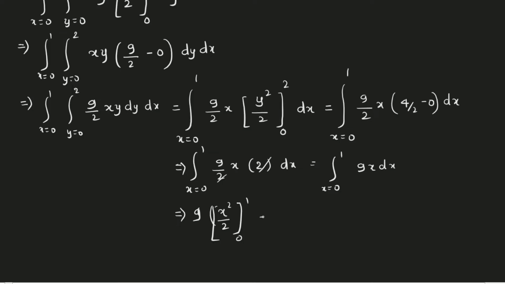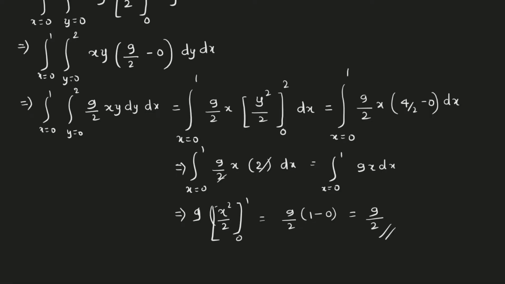So it is 9 by 2, upper and lower limit 1 minus 0. The answer, the simplification of this triple integration, is 9 by 2. This is how to solve the given double or triple integrations.